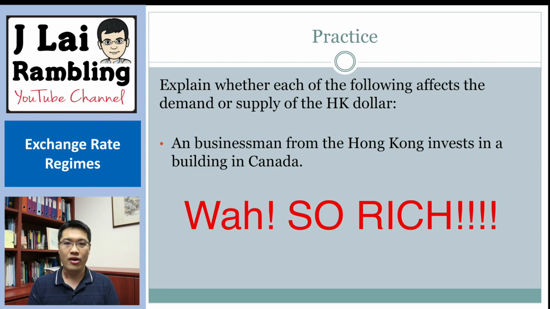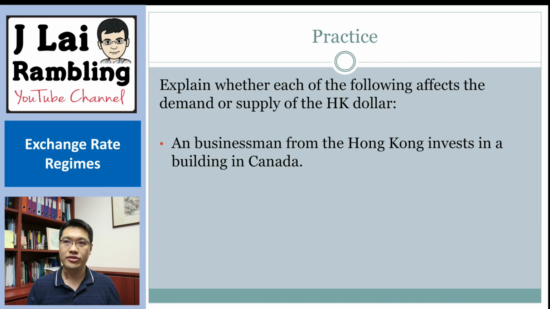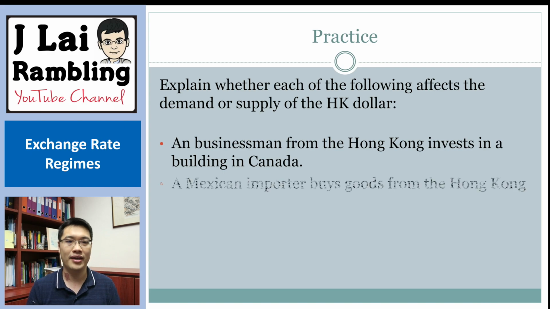Since they're investing money into Canada, the person selling that building probably wants to be paid in Canadian dollars. So in order to pay for that building, he needs to buy Canadian dollars, and in order to exchange for Canadian dollars, he needs to sell Hong Kong dollars. So it affects the supply side of Hong Kong dollars.